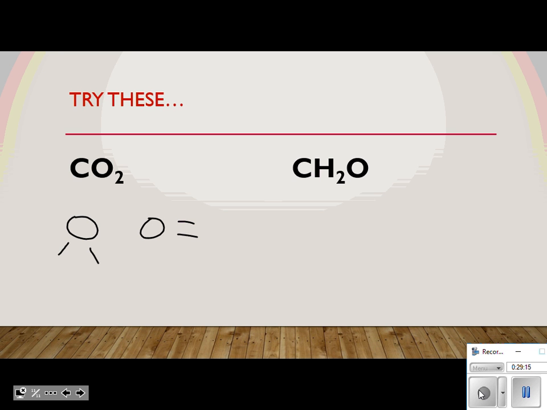So I look at that and say, okay, would it make any sense for me to single bond both oxygens to one carbon? Doesn't make any sense because I'm going to be a little bit short. But I know that both of these have the possibility to double bond.